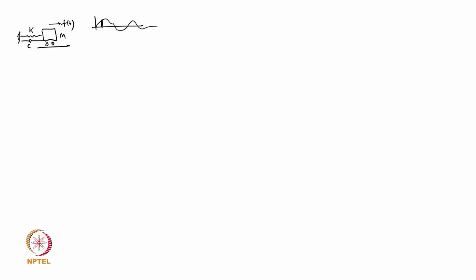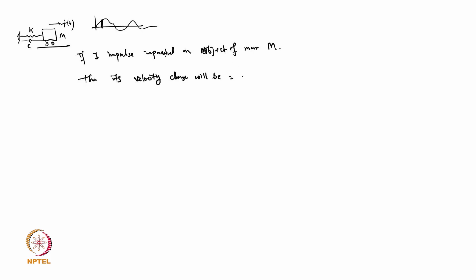Okay, so we can say that if an amount of impulse I is imparted on an object of mass m, then its velocity change will be I by m.